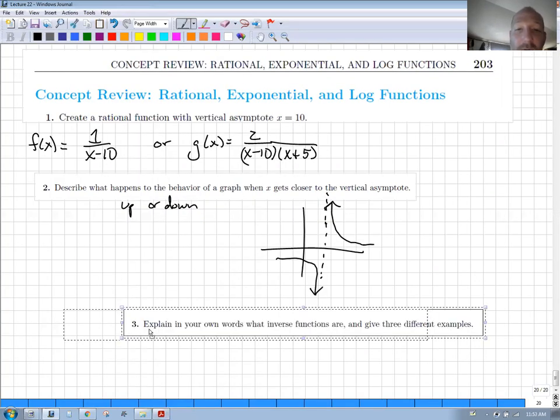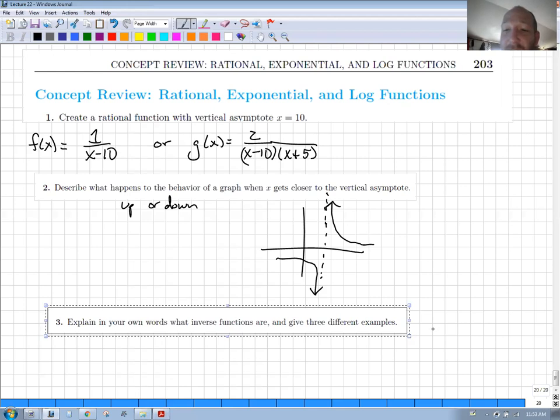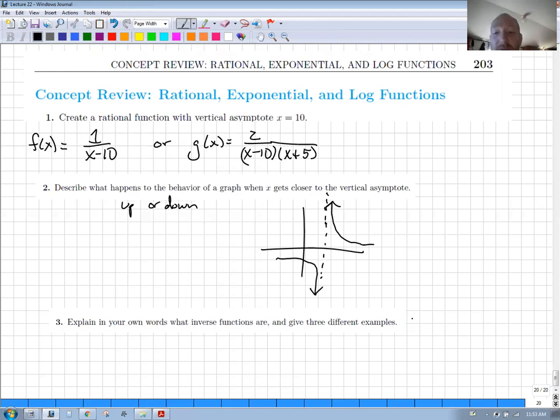In our own words, inverse functions are functions that undo one another. So if I had doubling, then its inverse would be taking half of that.